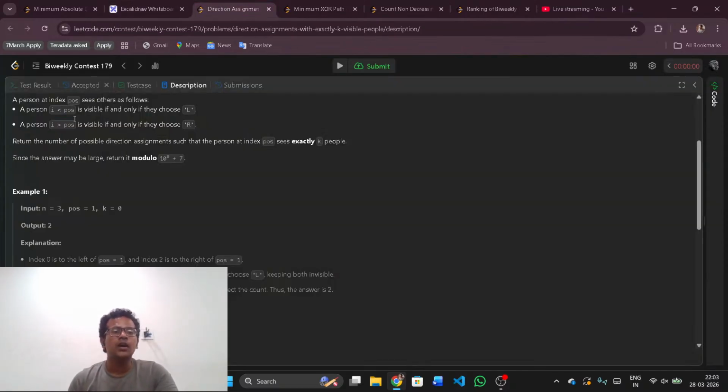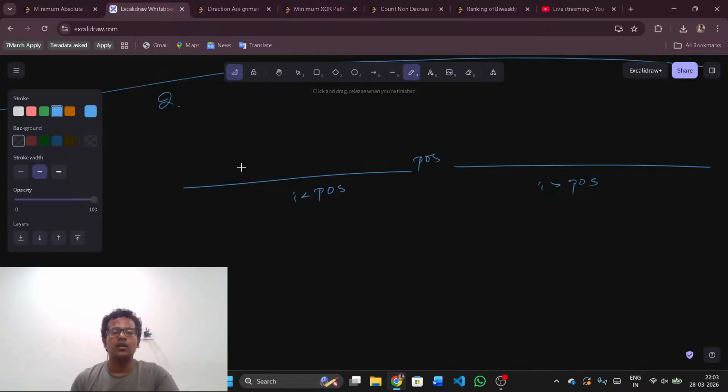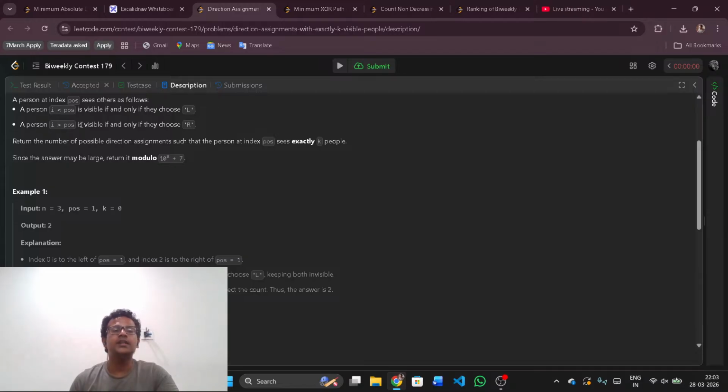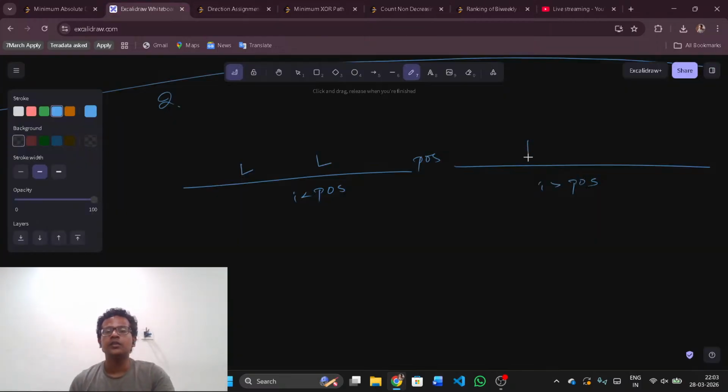Now, a person i less than position is visible if and only if they choose L. If they choose L, they are visible. Now, a person i greater than position is visible if and only if they choose R. So this L and then R, they are visible.